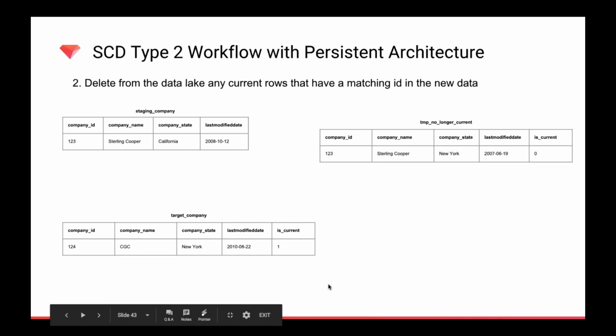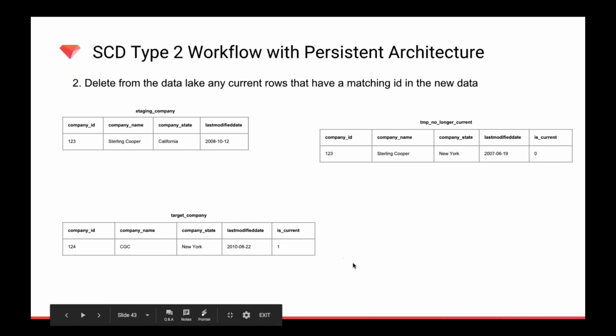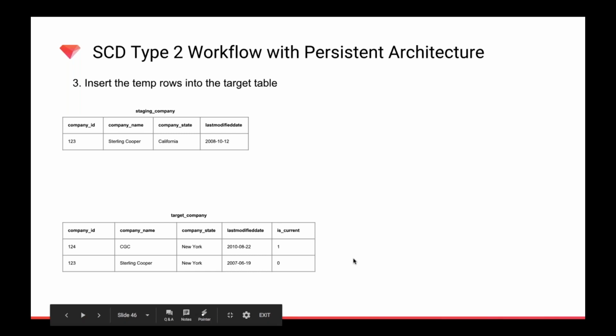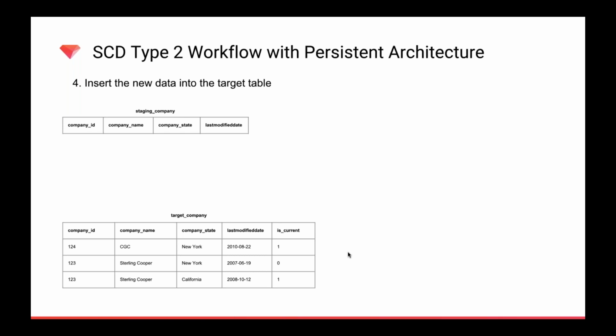Then we want to delete from the target data table any current rows that have a matching ID in the new data. Insert the temporary rows into the target table, and then insert the new data into the target table. That would be the simple way to manage SCD type 2s with a persistent architecture.